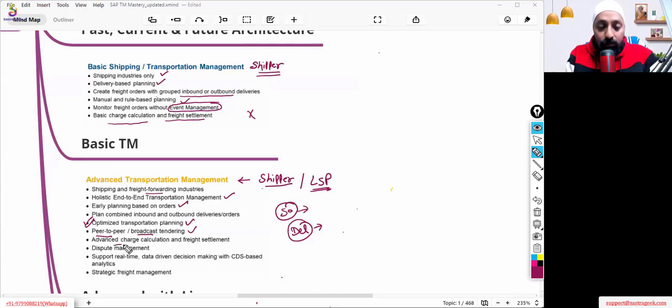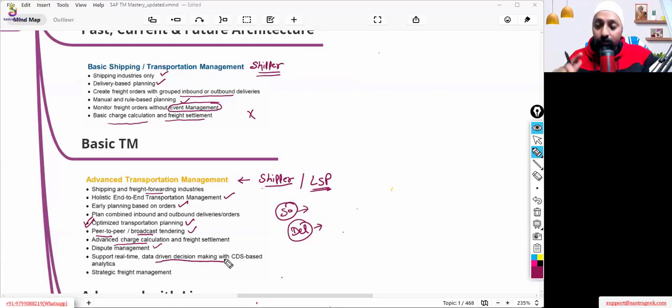Advanced charge calculation with the charge sheet, that would be only available in the advanced TM. Dispute management linkage is only available with this. And the analytics is also available in the advanced. Okay.